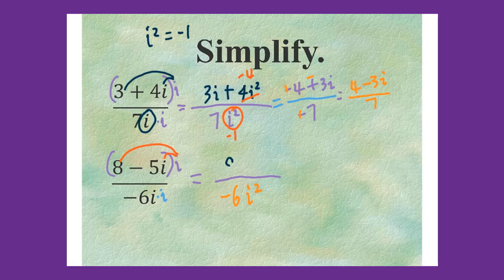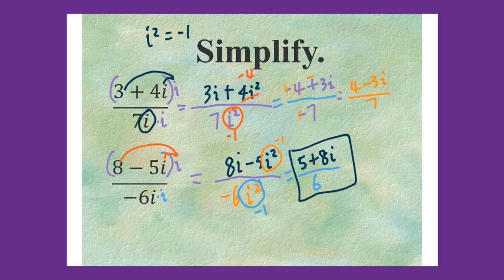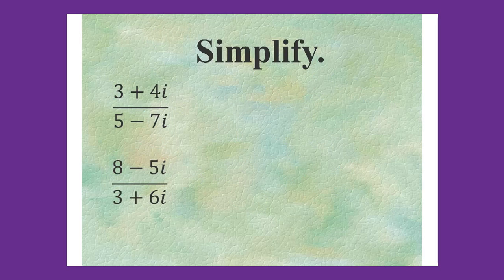So we got 8i minus 5i squared. Still, i squared, that's -1. I squared here is -1. So we got 6 as the denominator. On the top, we got 5 plus 8i. That's the final answer.